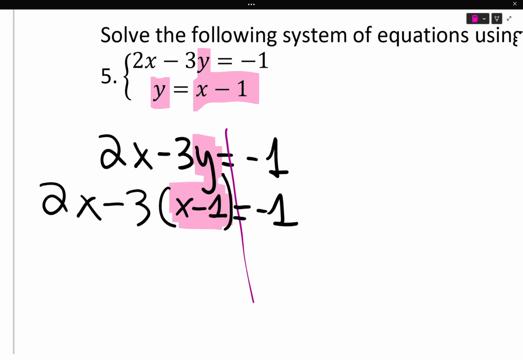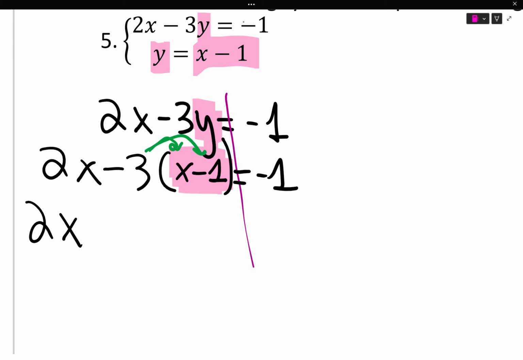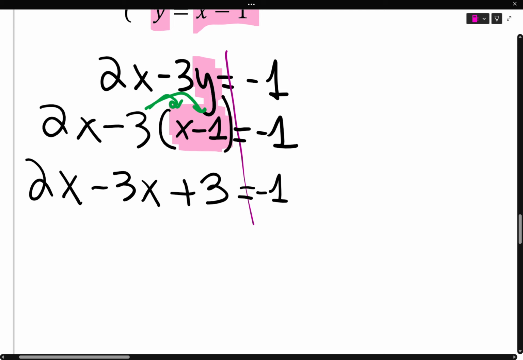Okay, let's solve it. The first step here is going to be to distribute. So we have 2x. Negative 3 times x is negative 3x. Negative 3 times negative 1 is positive 3. And that equals negative 1. The next step is going to be to combine these like terms. 2x minus 3x is negative 1x.